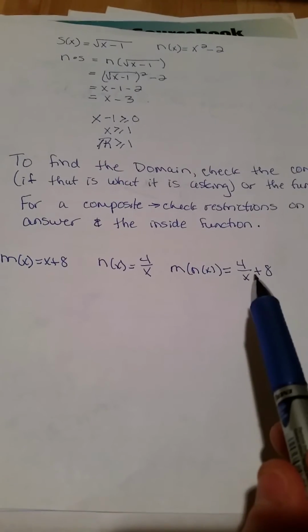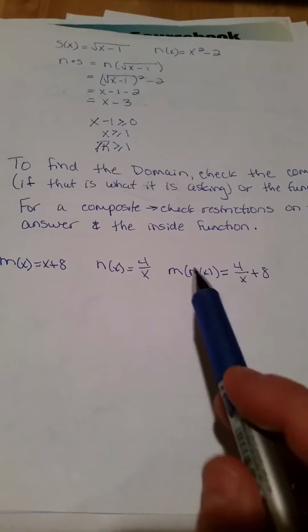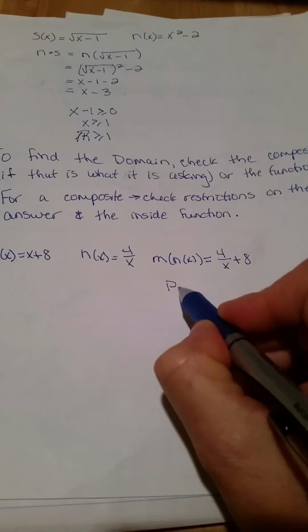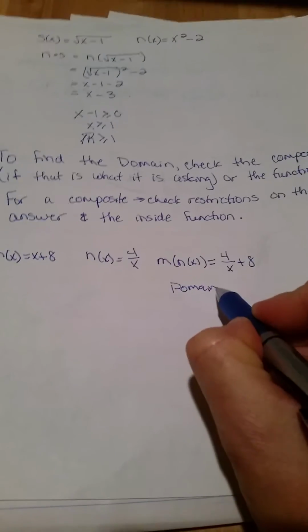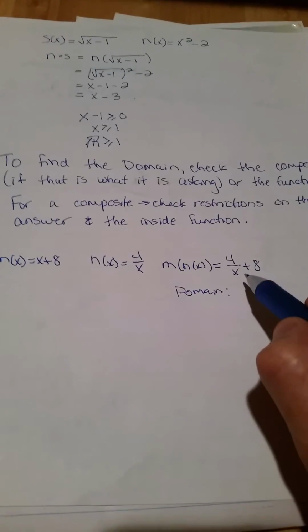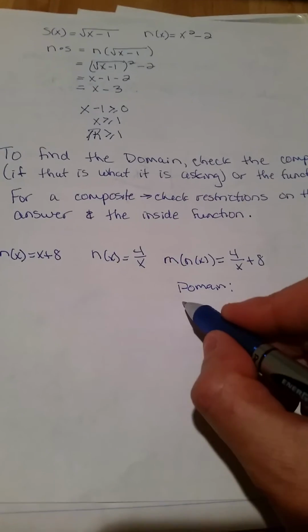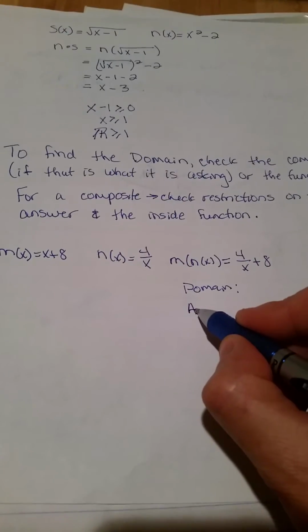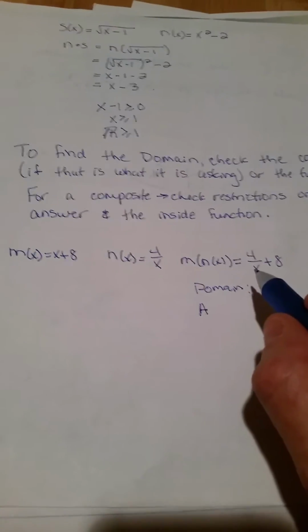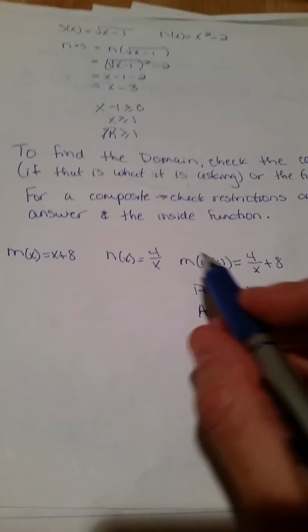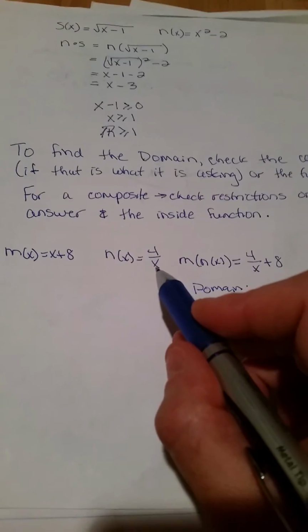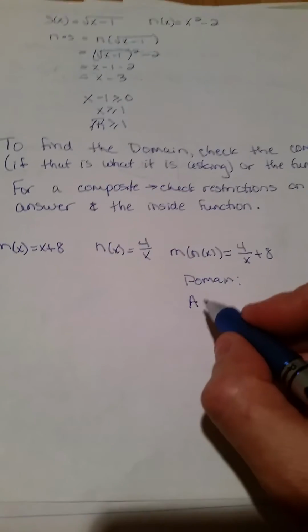This is the composite of m of n of x. So if we want the domain of this here, our restriction on our answer is that x cannot be equal to 0. And actually, before I write that, let me check the inside function too. The inside function, if I look at this restriction, it's the same thing as the composite answer.